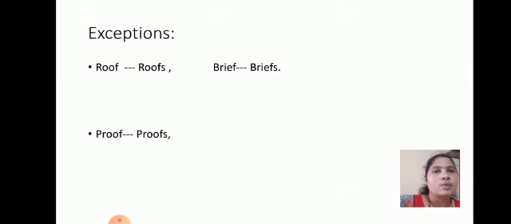The word roof ends with the letter f, but in plural we add only s. Brief, briefs. Proof, proofs. All these words are exceptions. They end with the letter f, but in plural we add only s, not ves.